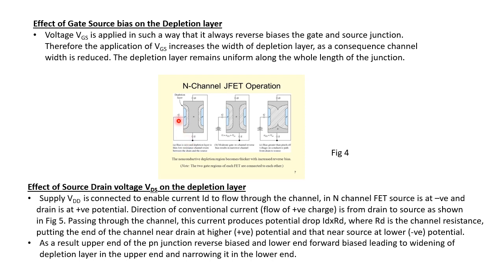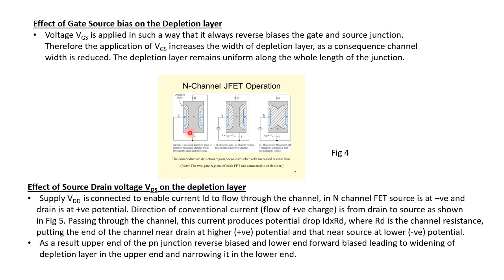In the forthcoming slides, we will see how this reverse bias applied on the gate and source junction will have a control over the output current, or the drain current. So we can say that the gate and source junction is reverse biased.